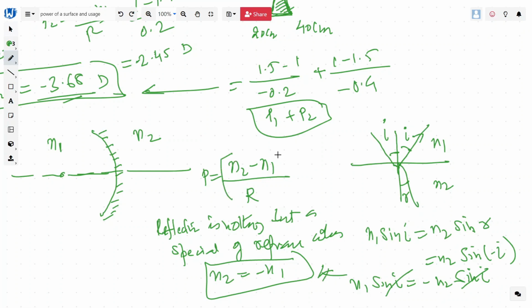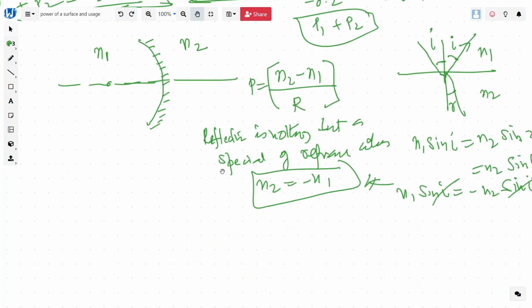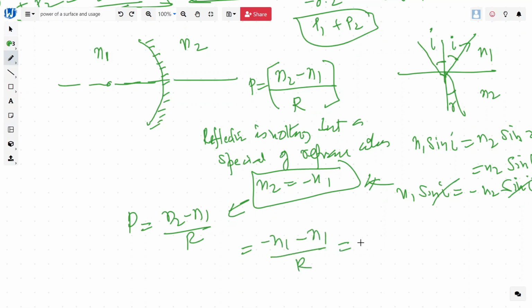So for reflecting surfaces, we can simply define the power equation very simply as P is going to be n2 minus n1 by r when we substitute this, right? So let's substitute that. The minus n1 by r is going to be minus 2n1 by r, and we can say 2 times the refractive index of the medium, divided by r with a minus sign, is what will be the power.